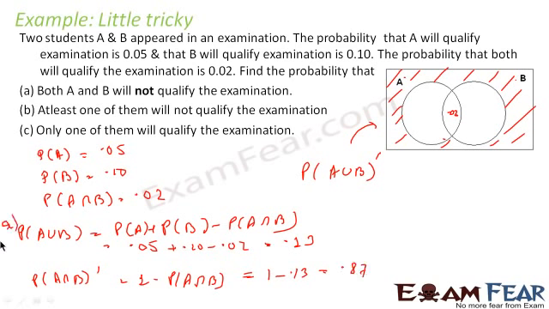At least one of them will not qualify. When I say at least one of them will not qualify, what I'm trying to say is this whole area. Because in this area also you see, here both of them are qualifying, and here at least one, here none of them. That means at least one of them will not qualify, means 0 will qualify or 1 will qualify. So these are the areas, and this area is nothing but P of (A intersection B) complement.